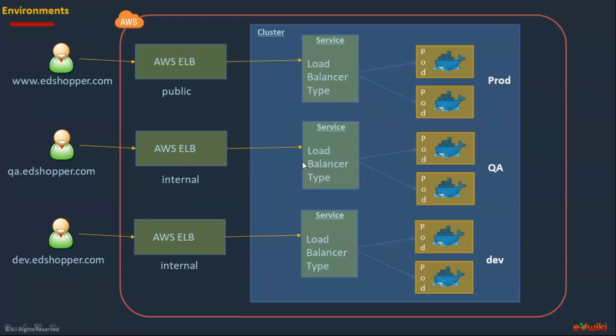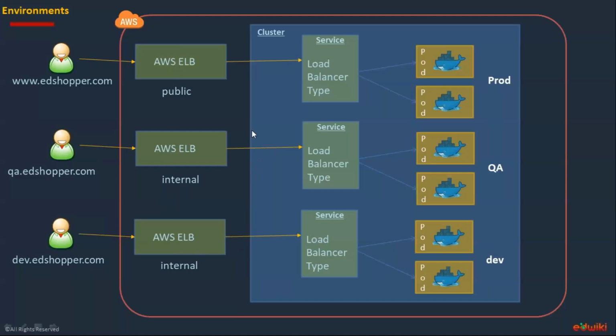There are two challenges at this time, guys. One challenge is maintaining a unique port at each service side. If I'm running 50 applications, 50 services, that means 50 node ports, 50 load balancers, 50 AWS load balancers, correct?